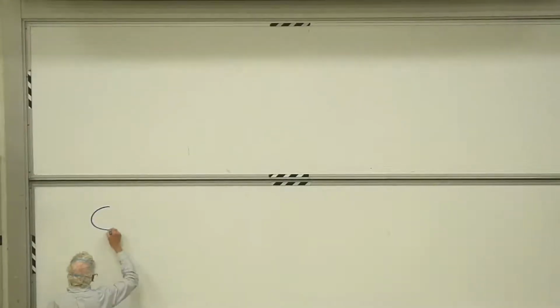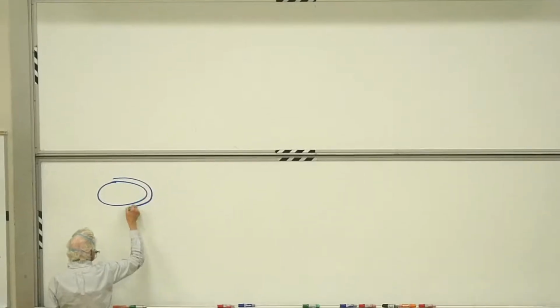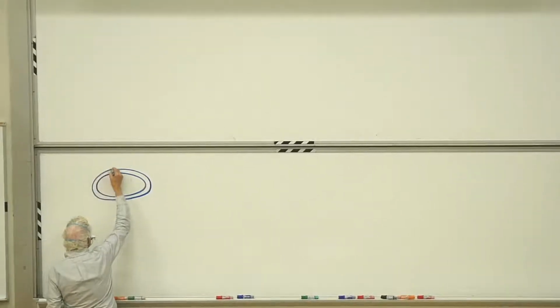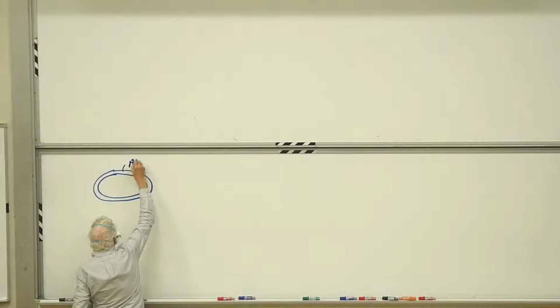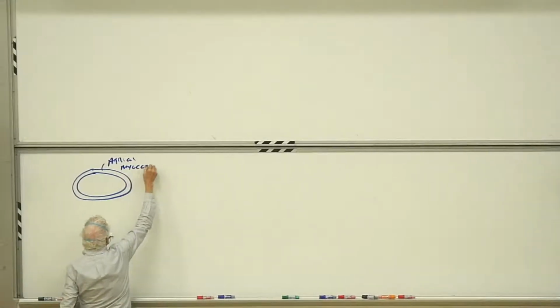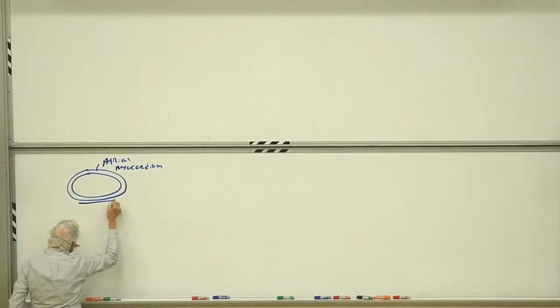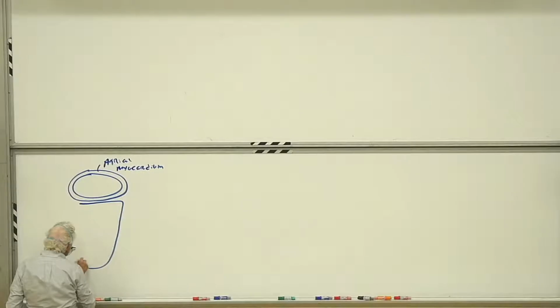So I'm going to draw here. This is again the right atrium. The chamber is surrounded by atrial myocardium. The next chamber we talked about was the right ventricle.